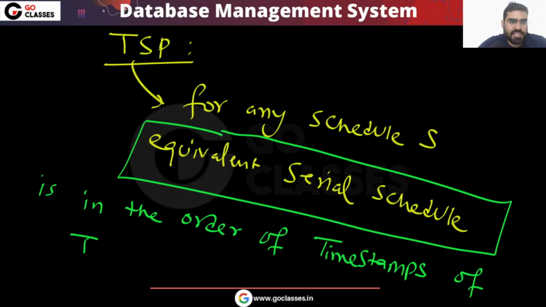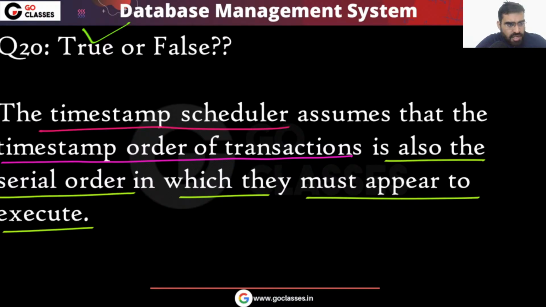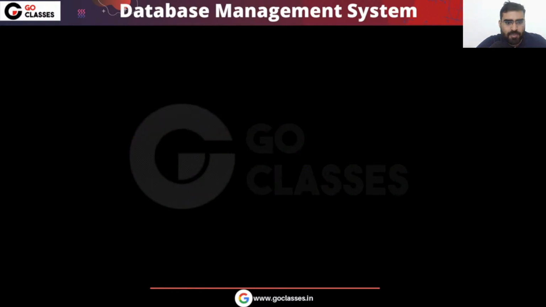So this is the definition actually. Let me tell you, this statement is just a definition, right? In the order of the timestamps of transactions. So this statement is true and this is just a definition of the timestamp protocol.